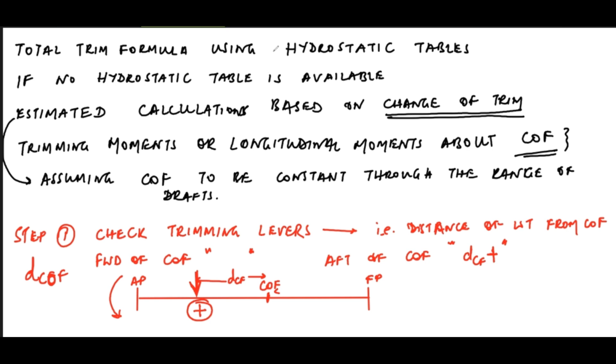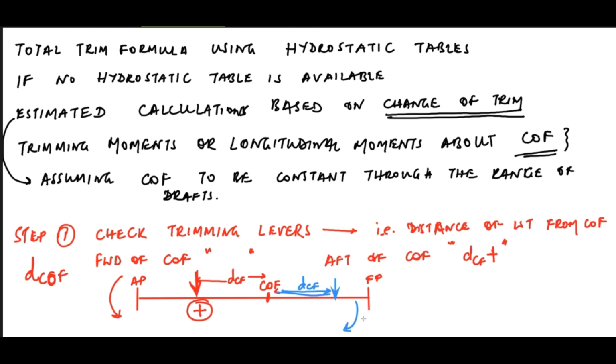Similarly, if I load forward, that DCF will be, in this case, it will be here. And because I'm loading here, how is my ship going to rotate now? Clockwise. So ये इस तरह से जाएगा.